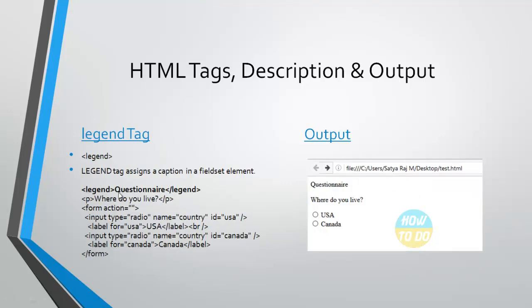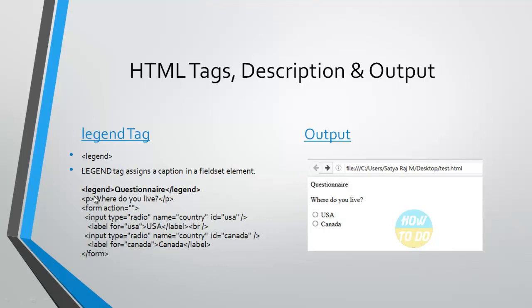Legend tag is almost the same as the previous one, the label tag. Here we will be additionally able to write the legend to the already available script. By adding this legend, you will be getting the header for this particular question, for this particular action, or for this particular function.